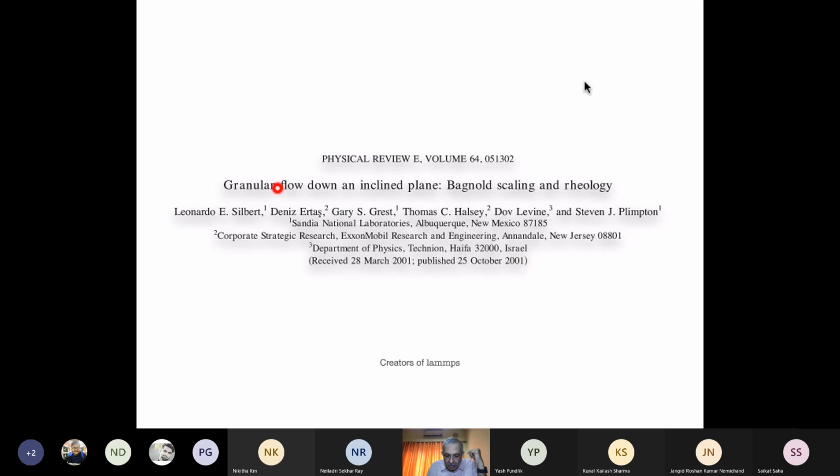And they did granular flow down an inclined plane, Bagnold scaling and rheology. So this is a group at, actually the main people are at the Sandia National Laboratory.